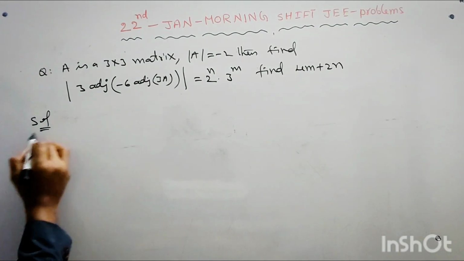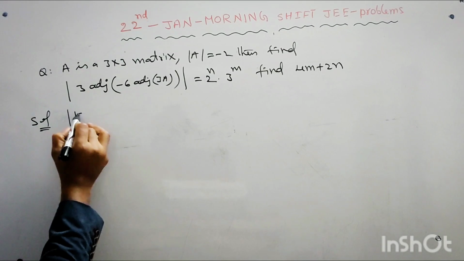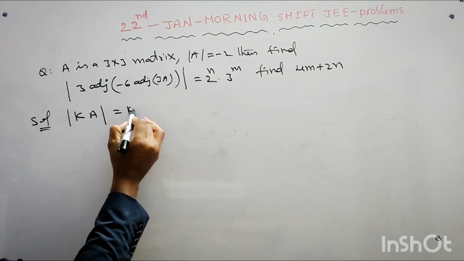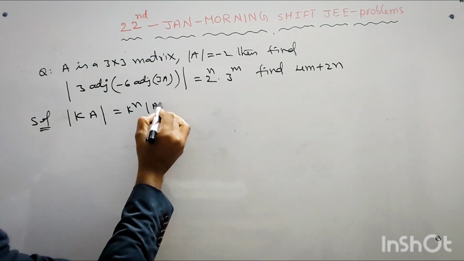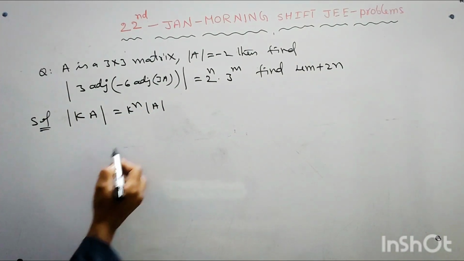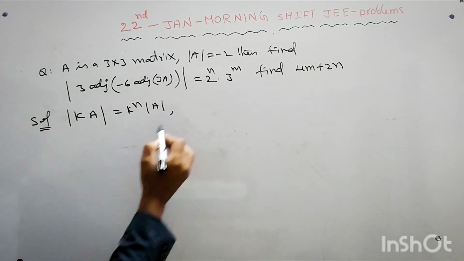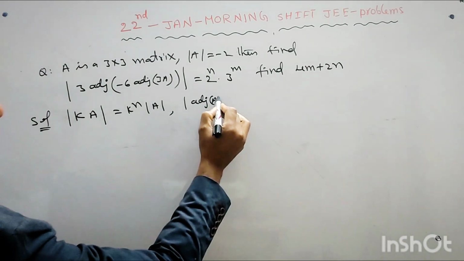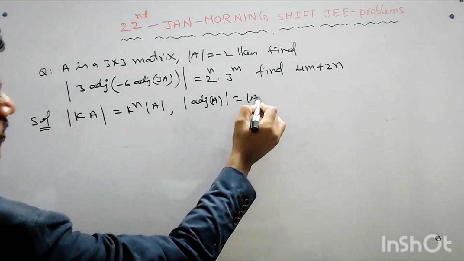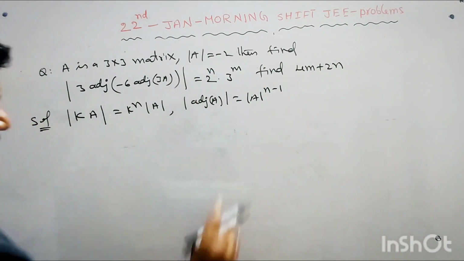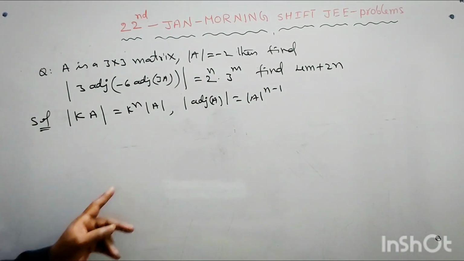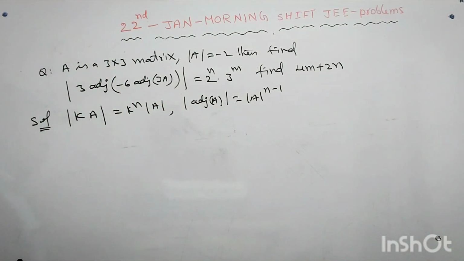The first is det of a constant into a matrix, that is k power n into det A. One more formula: det of adjoint A is det A whole to the power of n minus 1. These two formulas we are going to use to solve this problem.